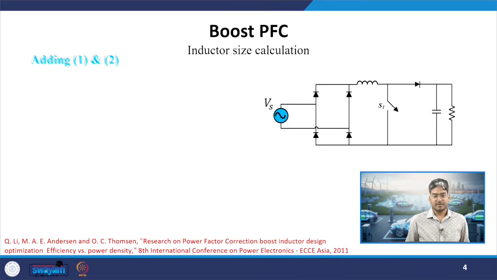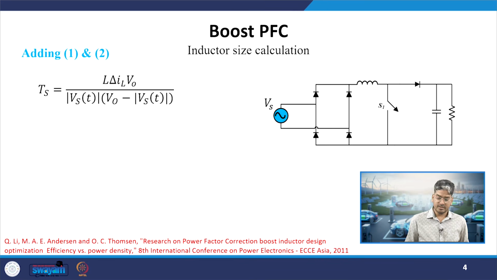Then, adding 1 and 2 gives the entire switching time period: d(t) Ts plus (1 minus d(t)) Ts, which becomes equal to Ts. So this is the value of Ts in terms of delta IL divided by the voltage parameters.